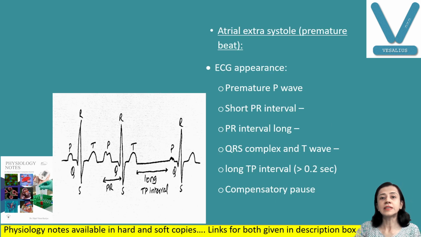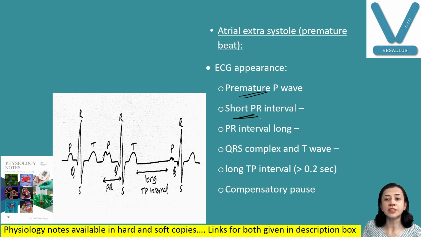Then atrial extrasystole. If the premature beat originates from the atria, what ECG changes do you find? One, you will have a premature P wave, or sometimes a biphasic peaked P wave, with two peaks here. Then you will have a short PR interval.